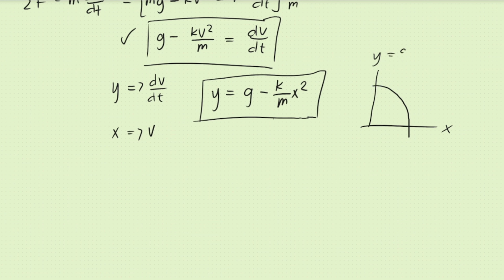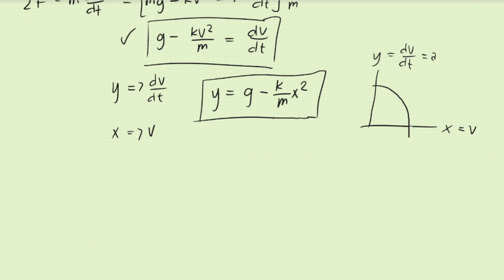Our y is acceleration and our x is the velocity. So you've seen the properties of the acceleration of the falling object, and now we're going to solve for the terminal velocity.